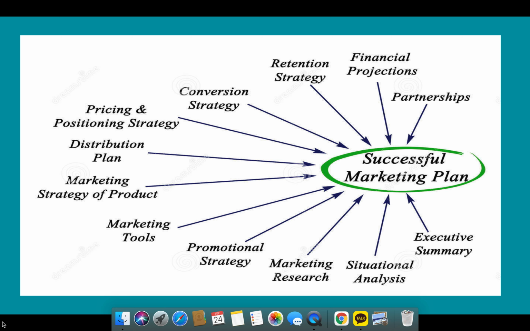And then retention strategy is how you keep your presence in the market. And most importantly, of course, this strategy should be backed up with the right budget, with the financial projection that will support the execution of the marketing plan.